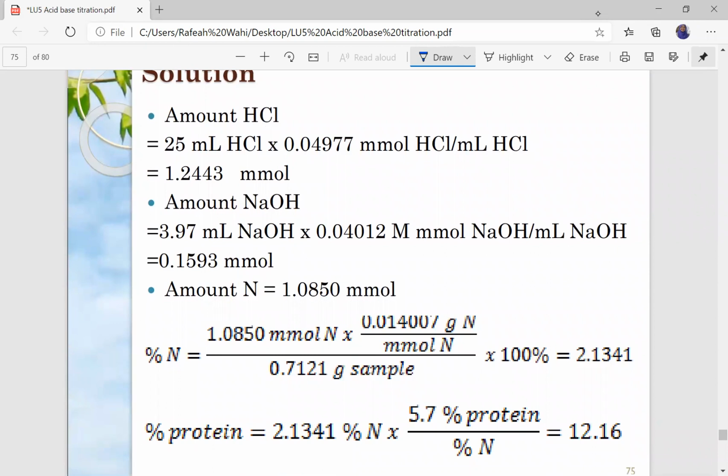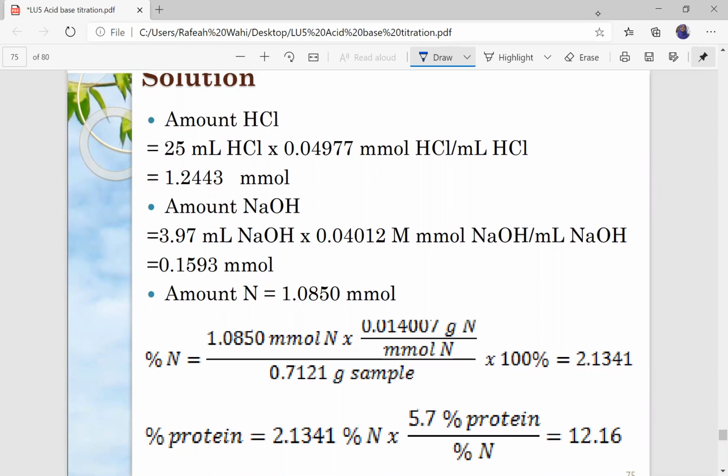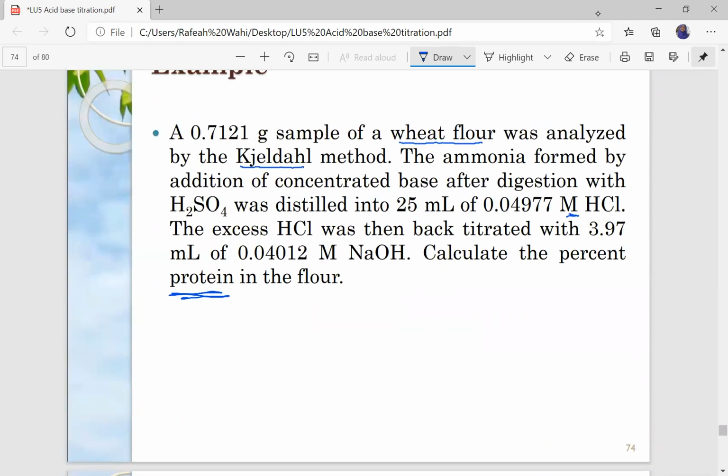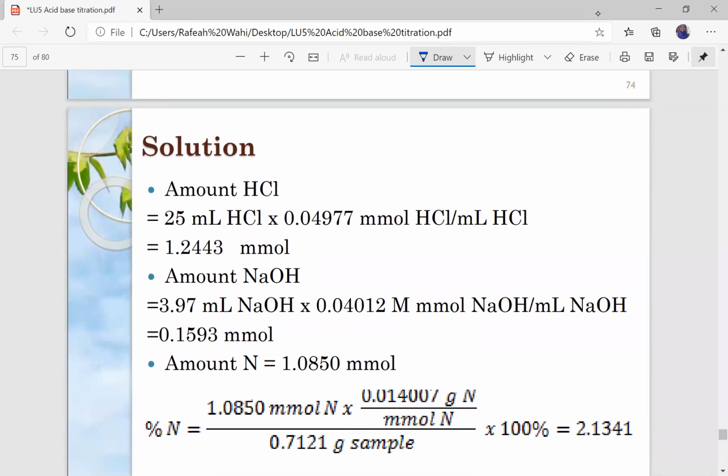From the question, we know that we have 25 ml of 0.04977 molar hydrochloric acid. When you calculate the millimole of acid here, you have to consider MV.